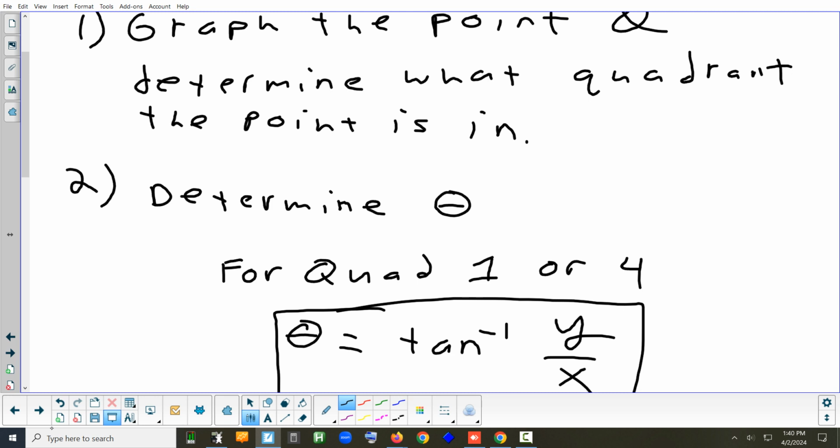The problem with inverse tangent is it doesn't work in quadrants 2 or 3. It doesn't work over here. Because when you do inverse tangent, you always get an answer between negative 90 and positive 90. That's what inverse tangent always gives you an angle of. Where's negative 90 on this diagram?